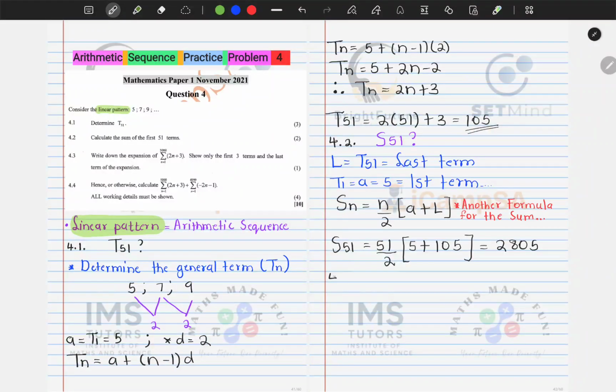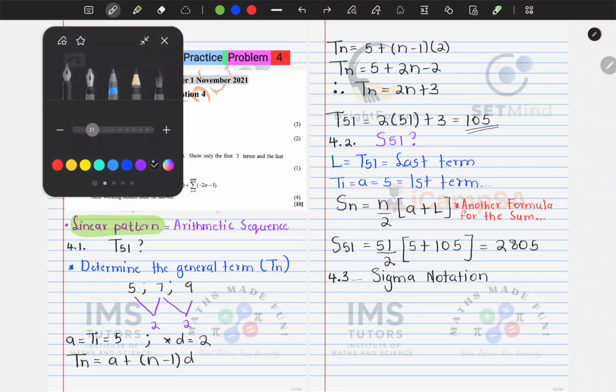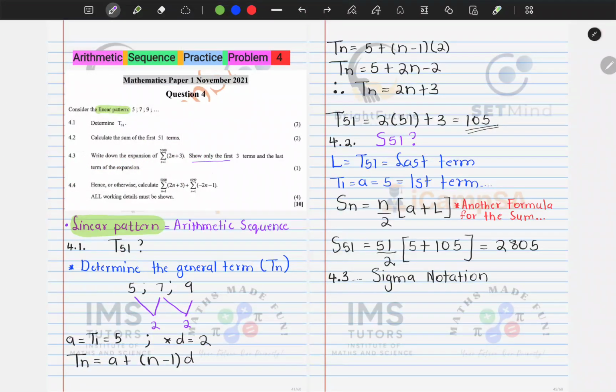So next, let's have a look at 4.3. You should be able to see that there we are dealing with some sigma notation, because of that sign that looks like a kind of an E. The question requires us to write down an expansion of that, but very importantly, we need to show only the first 3 terms and the last term of the expansion.